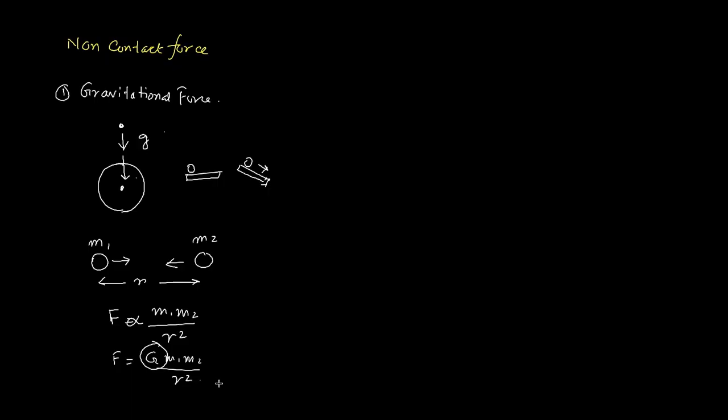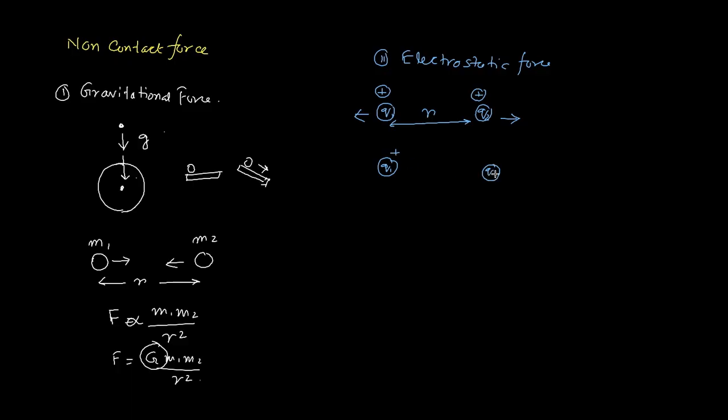Then the electrostatic force. If we consider the electrostatic force, we can keep two charges q1 and q2 at some distance r. If they are of the same type, both positive, they have a force of repulsion. If q1 is positive and q2 is negative, they have a force of attraction between them.